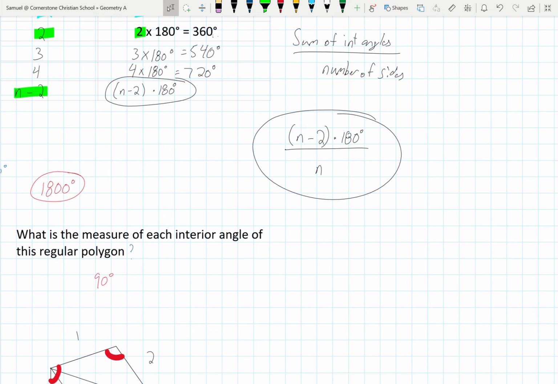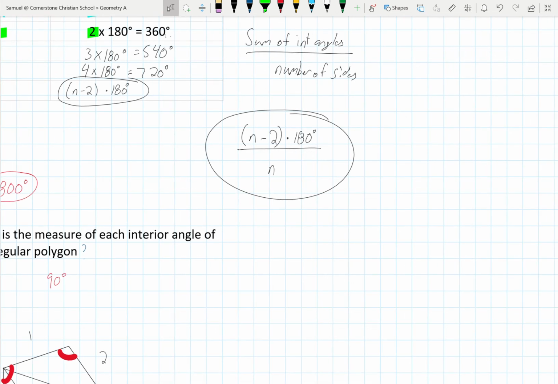So let's say I'm given a regular polygon with 18 sides. If it has 18 sides and it's a regular polygon, all 18 sides are identical. What's the measure of each of those angles? So I'll plug 18 in for n.